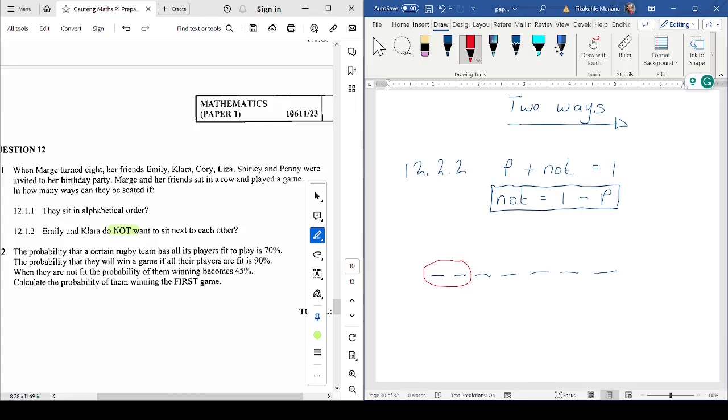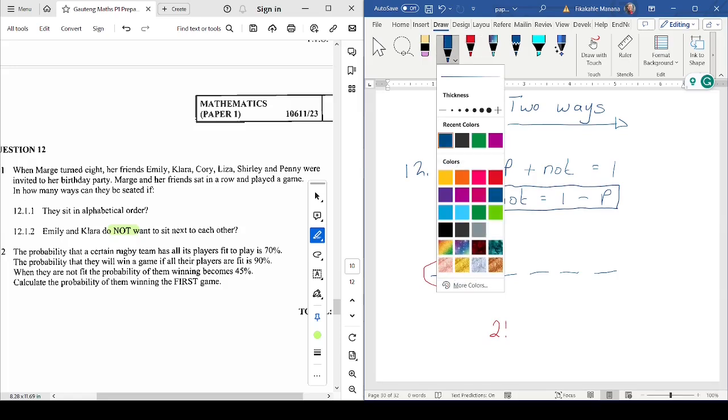There's only 2 ways. It's either Emily sits here and Clara sits there, or Clara sits there, then Emily sits here. So we will say 2 factorial, because it's 2 times 1.